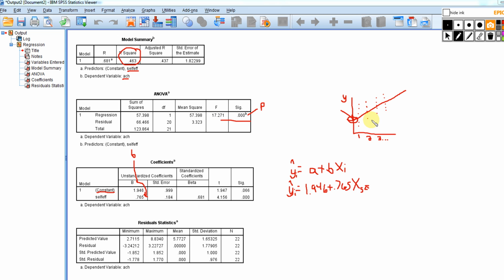And so the difference between a given observation on y and their corresponding predicted value, because the predicted values are what actually comprise the line right here, the difference between those two is what is referred to as prediction error. And I'll just denote that with an E with a little subscript i. And so essentially this is computed just by taking the actual score on y and subtracting predicted y from it.